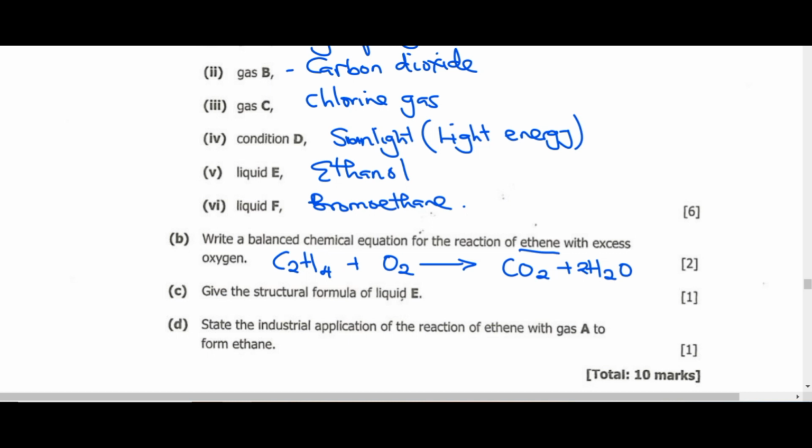Let us look at carbon also. In the reactants we have carbon 2 and in the products only 1, so let us also put a 2 there. So carbon is complete there.